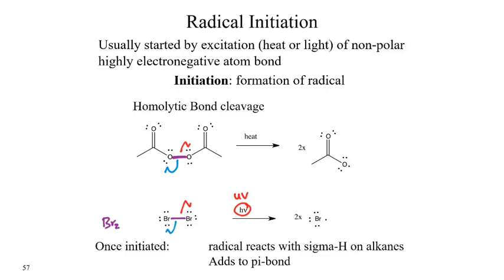Remember Br2 we've also used as an electrophile, and when we used it as an electrophile, we were talking about a heterolytic bond cleavage. So Br2 is a tricky molecule because it can act under heterolytic conditions and homolytic conditions.